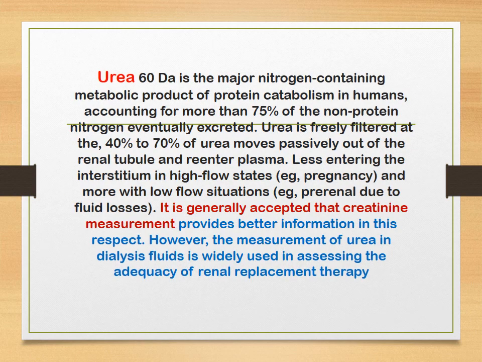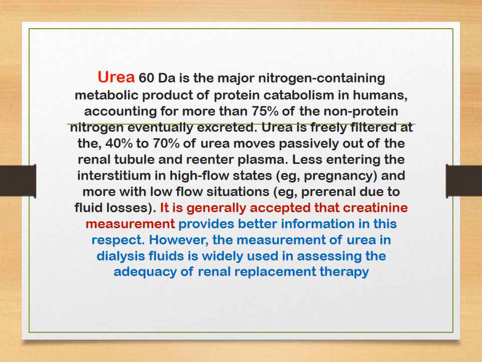Urea is the end product of protein and amino acid metabolism, and also accounts for 75% of non-protein nitrogen excretion. That means, for example, nucleotides, nitrogenous neurotransmitters, any substance that is not a protein or amino acid but contains nitrogen, 75% of its end product is urea.